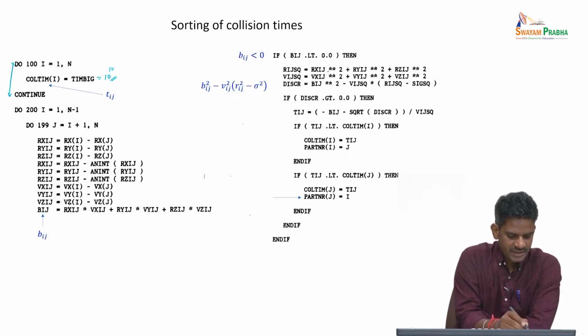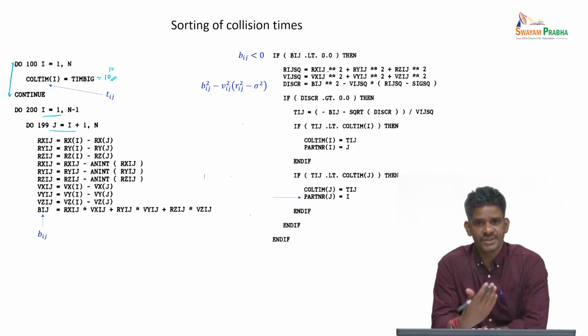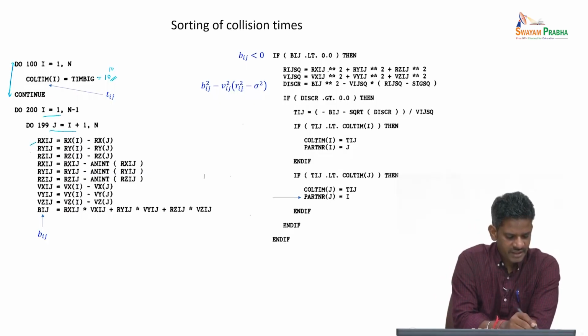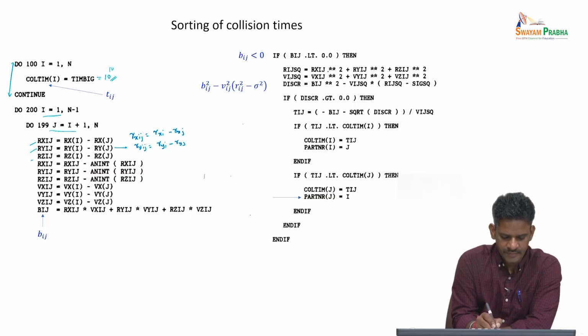Now you can see that there is going to be a double loop. This double loop is very similar to the way we do force calculation in the soft sphere model, where we find the Rxij, Ryij. Rxij is nothing but Rxi minus Rxj, and this is Ryij, which is Ryi minus Ryj, and similarly for z. This is basically the vectorial component of the interparticle distance vector.